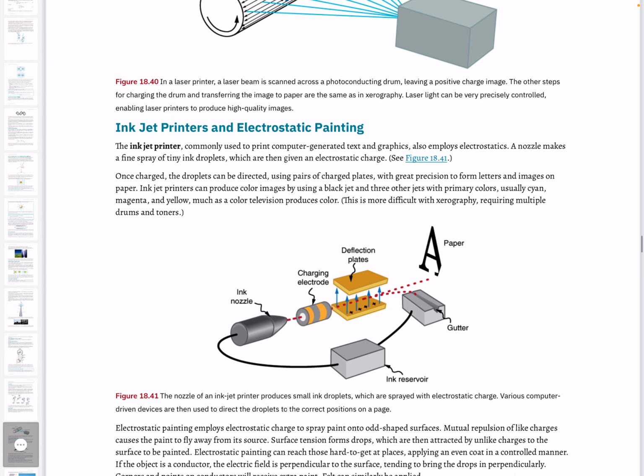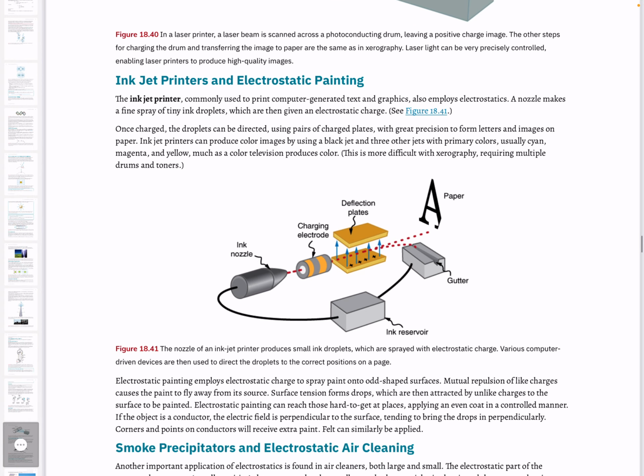So an inkjet printer, look at this. Look how this works. An inkjet printer works exactly the same way as the electrons in a CRT, except instead of electrons, we're shooting ink, and the ink gets charged up.